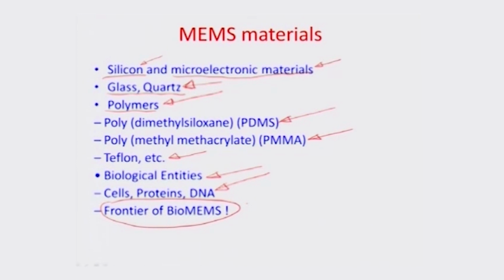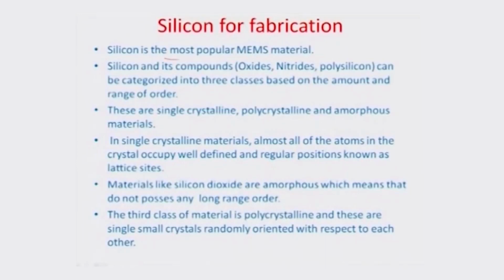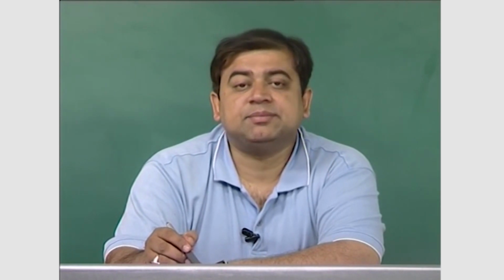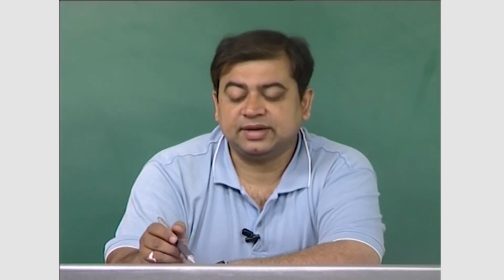So silicon of course is the most popular MEMS material so far, and silicon and its compounds, a variety of compounds like oxides, nitrides, polysilicon, etc., can be very amenably used for microsystems fabrication.